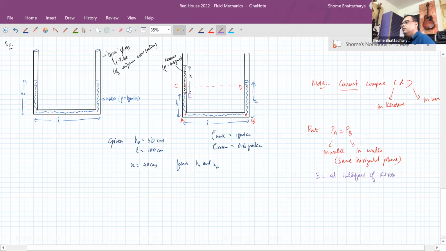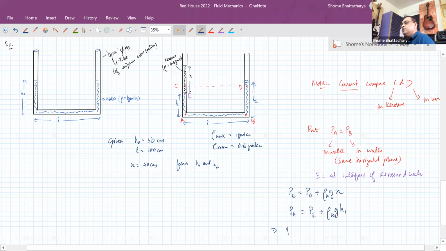Using that, we can say that the pressure at the point E will be atmospheric pressure plus density of kerosene into g into X. Then if we compare E and A, treating them both as if they are in water because it's just at the interface, this is okay.